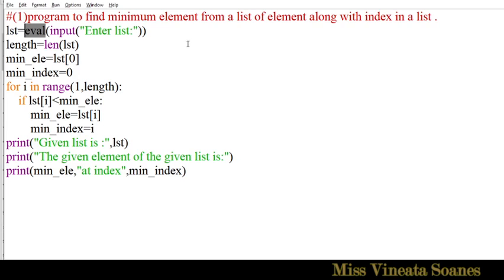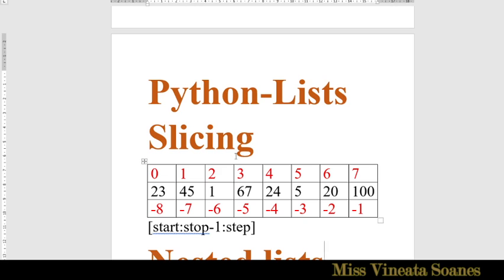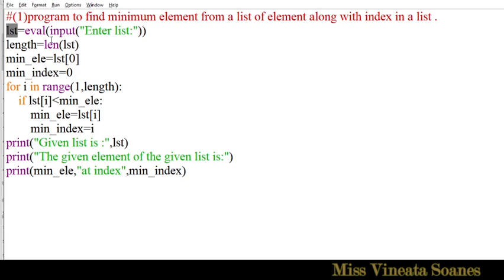But here you don't have to because you have used eval. Eval does the same, it converts any string to integer. So once all the elements come, in which list will they come? In LST. And let's assume that these are the values they have entered.